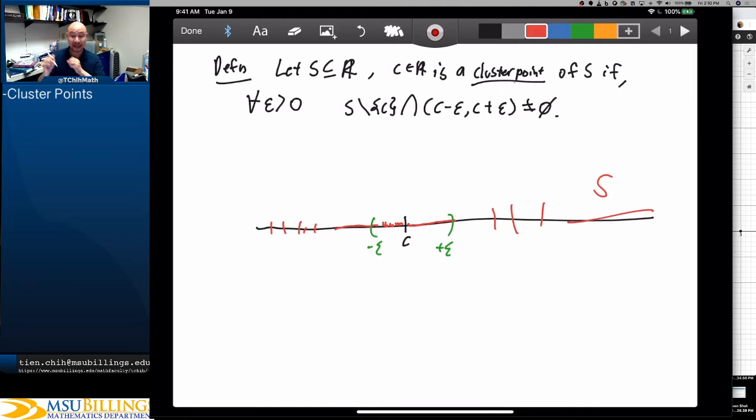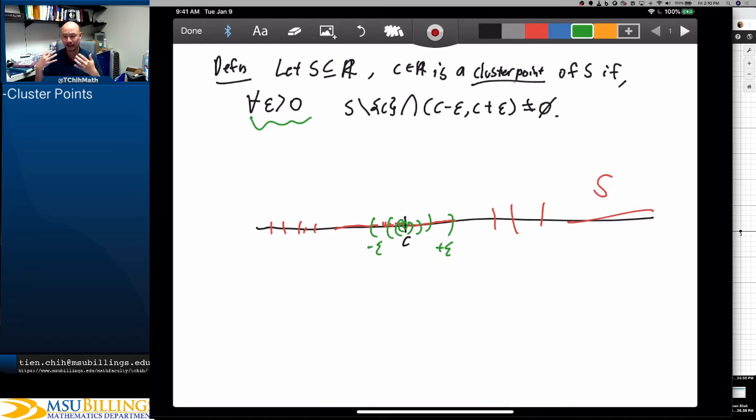And the important thing, as usual, is this for all epsilon, right? That means that no matter how far down I shrink my epsilon intervals in, no matter how far I zoom in, I'm always picking up something in this interval other than C itself.